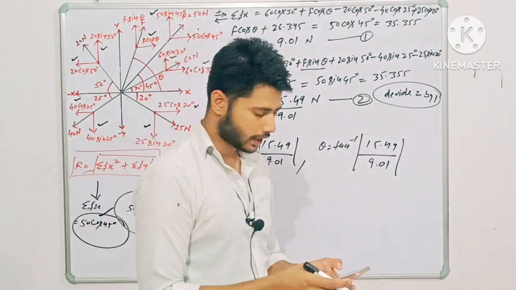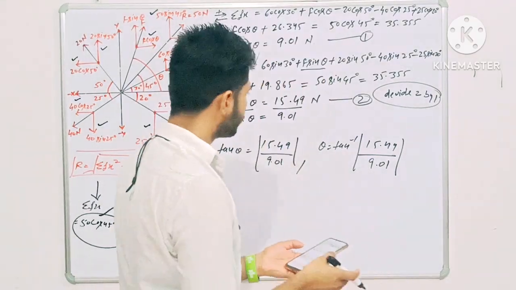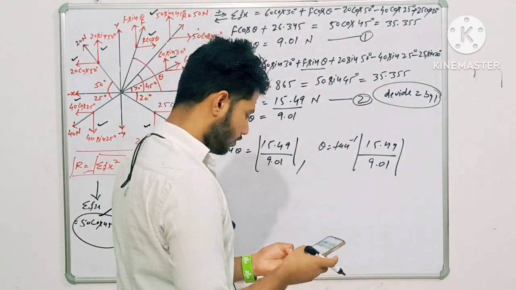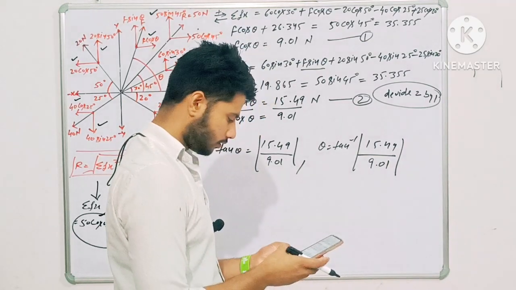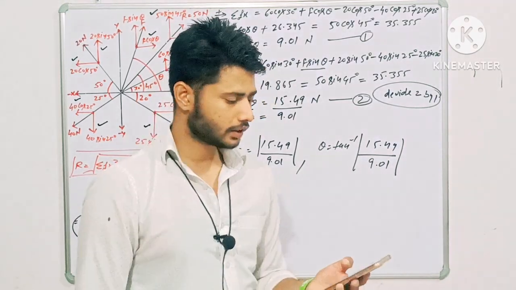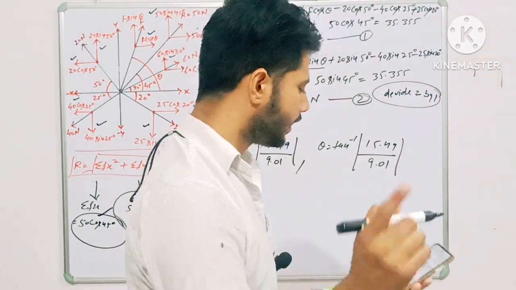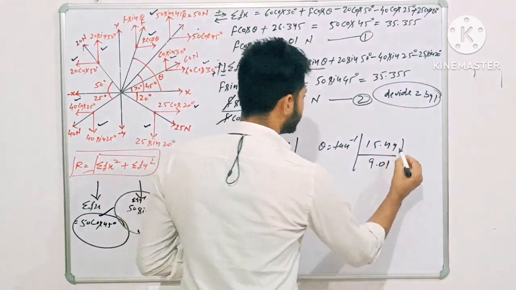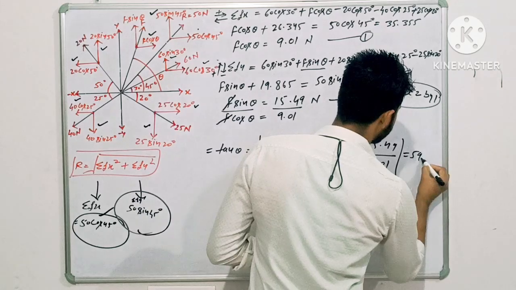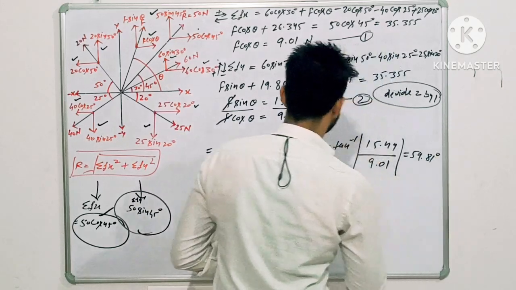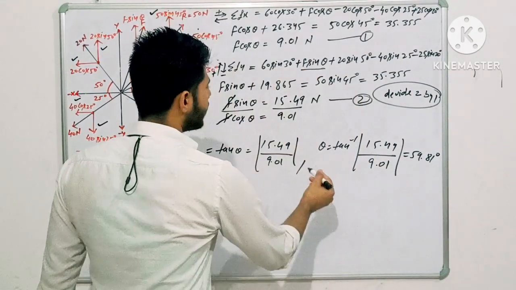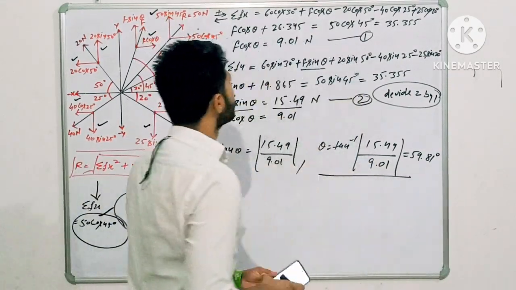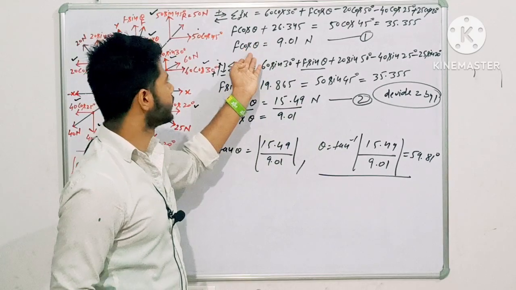So theta is equal to tan inverse of 15.49 divided by 9.01. Our answer is 59.81. Theta is equal to 59.81 degree.